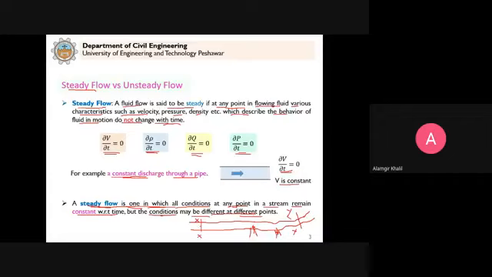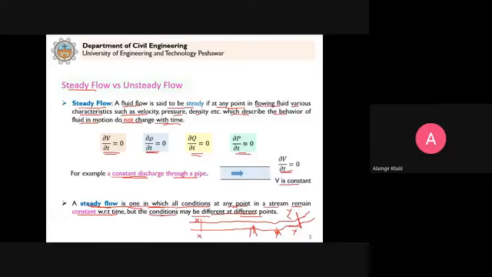So at the one section you take, if the flow characteristics are not changing with respect to time, it is steady flow. Here the discharge may be different than this one due to inflow or outflow from the side channels. But again, if it is not changing with respect to time, we will say that it is a steady flow.